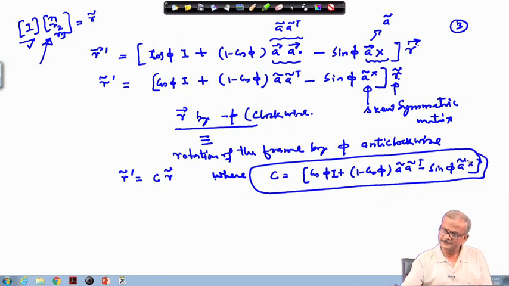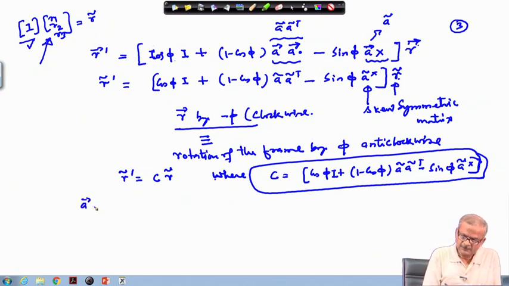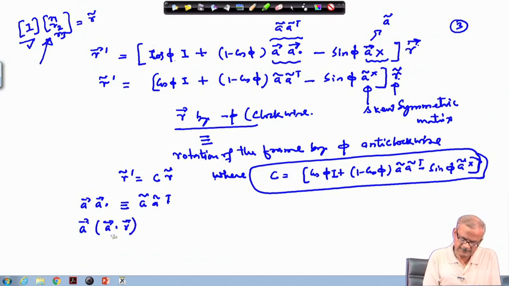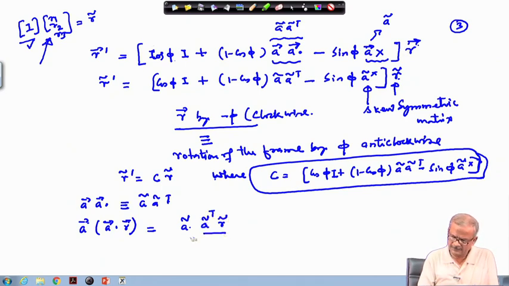The only thing remaining is that we need to look into a times a dot, which is basically equivalent to a tilde times a tilde transpose. Let us look into it this way. If I put this as r, this is nothing but a tilde, and this is a scalar. So, we can write this as a tilde transpose times r tilde. Now, if we combine this together, this becomes a tilde times a tilde transpose.